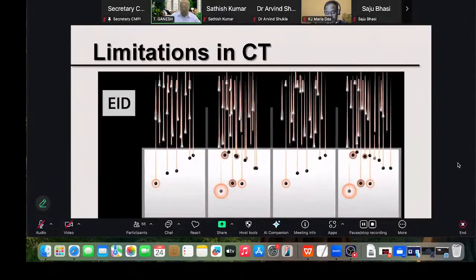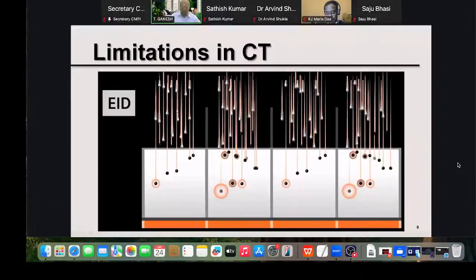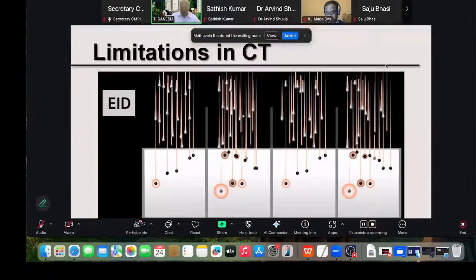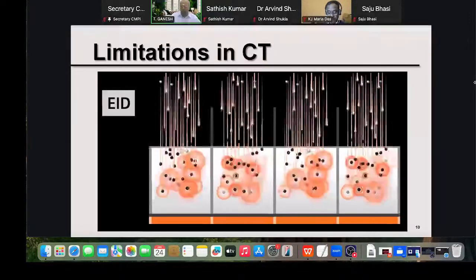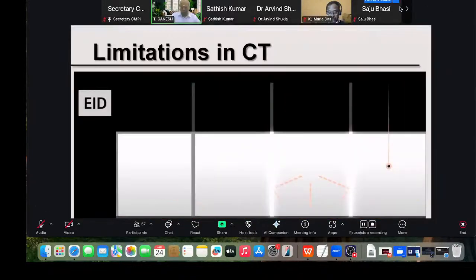There are many photons like this in each detector element. They keep coming and falling on the detector, each photon producing a light pulse, and these pulses expand and then reach the photodiodes.